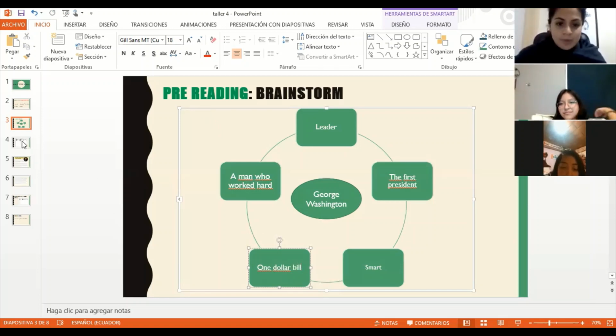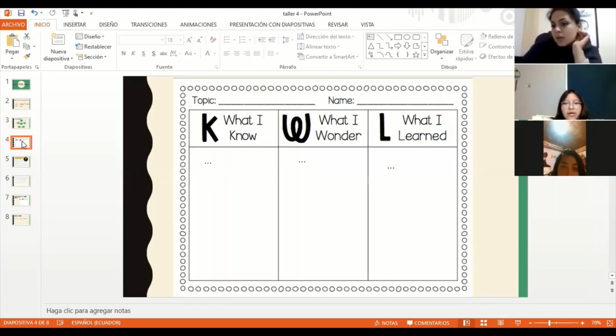So we have this. Now, in your notebook, you are going to divide your page into 3 sections, okay? We are going to work with the KWL chart. Like you are seeing on my PowerPoint, the K represents what I know, okay?